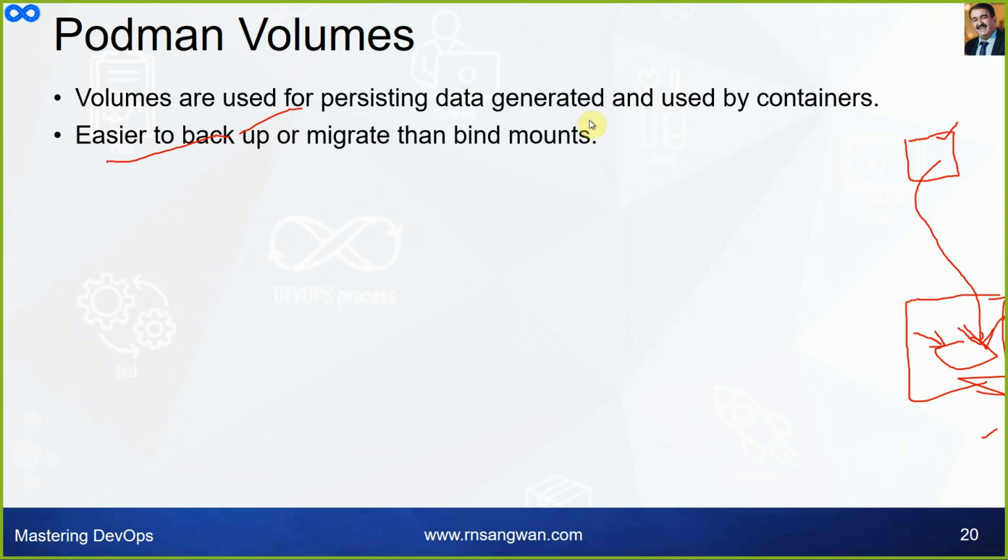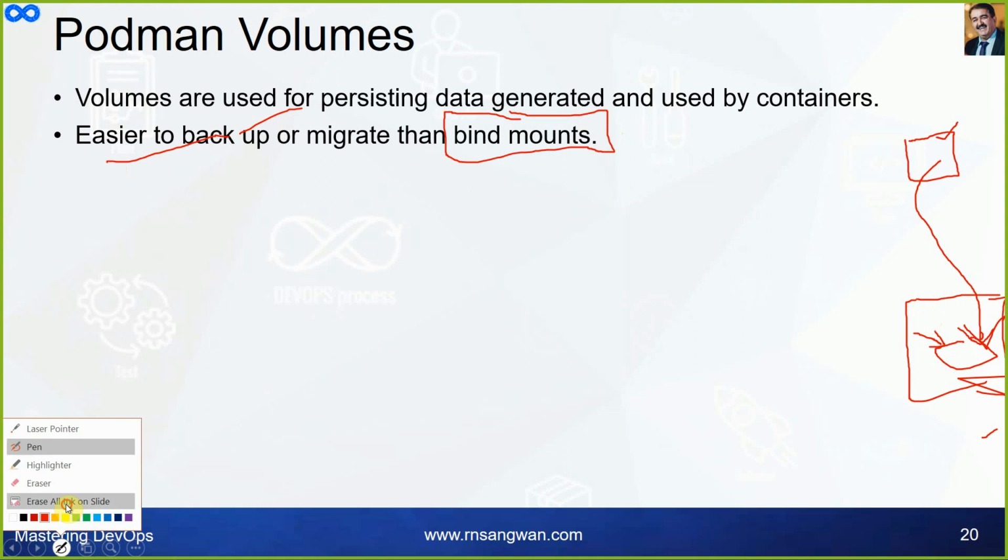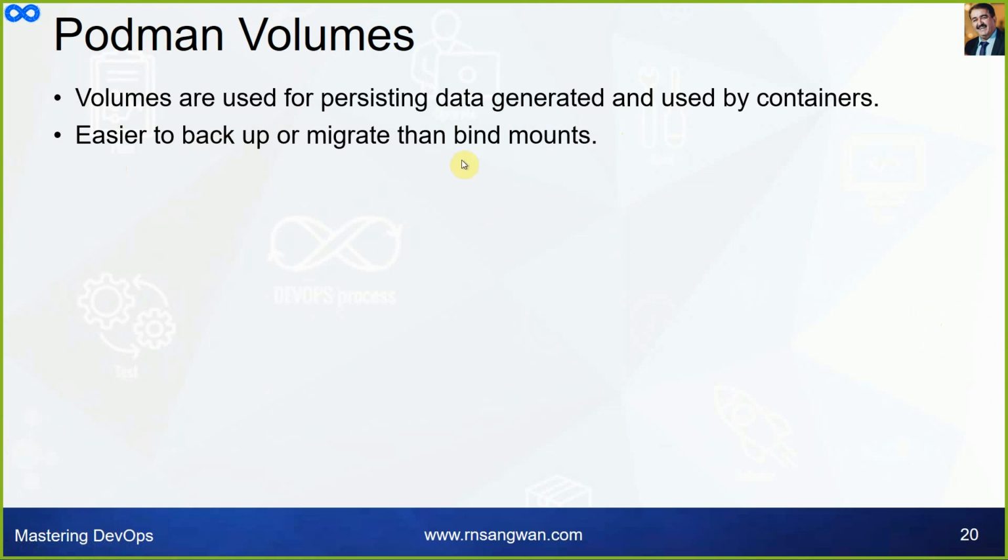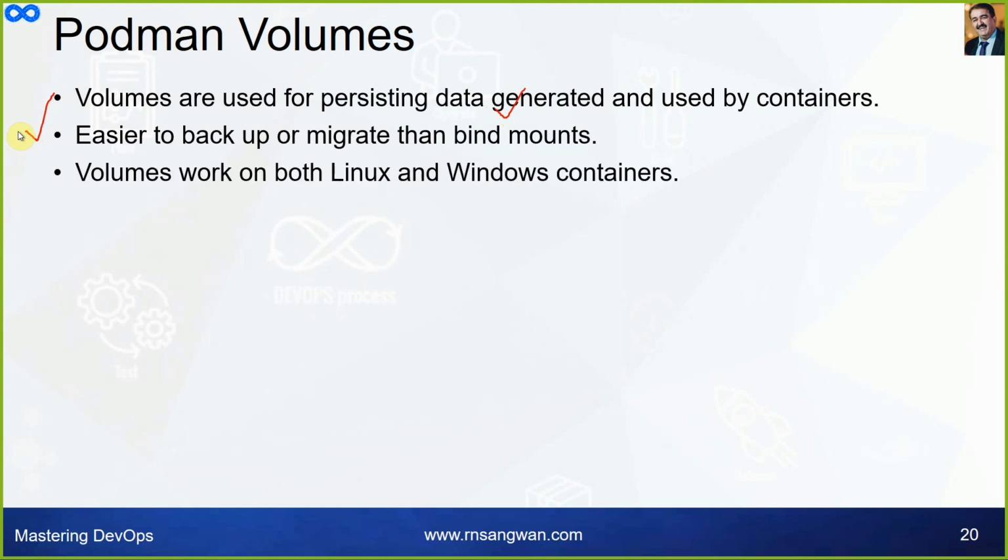Whereas the bind mount will tie it absolutely to one specific machine, because you cannot migrate it. Or if you are doing it, you have to create the same path, because it's specific. In that case also, one more picture will come: what operating system and what character set you are using. There are multiple concerns that come into the picture.